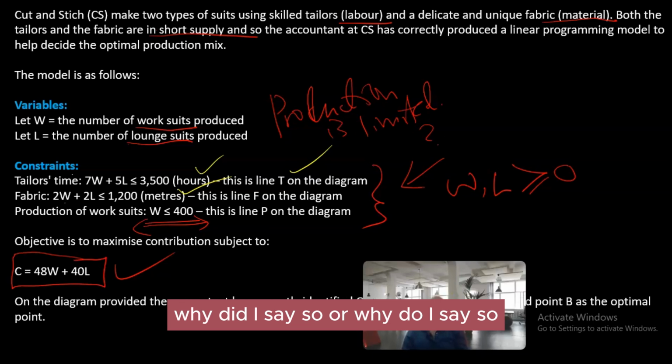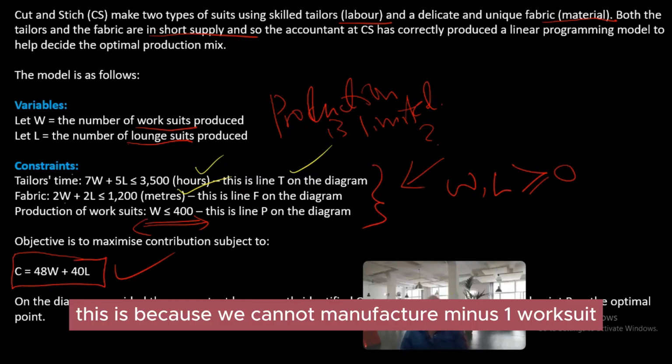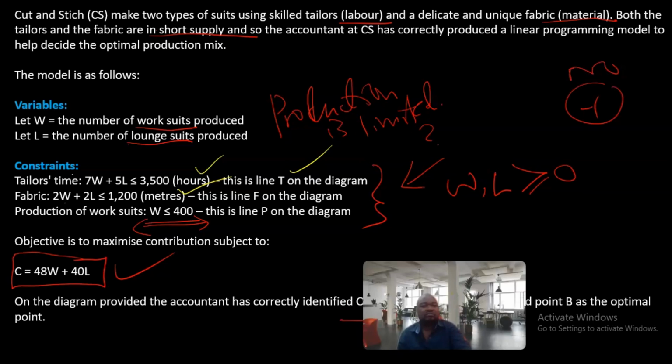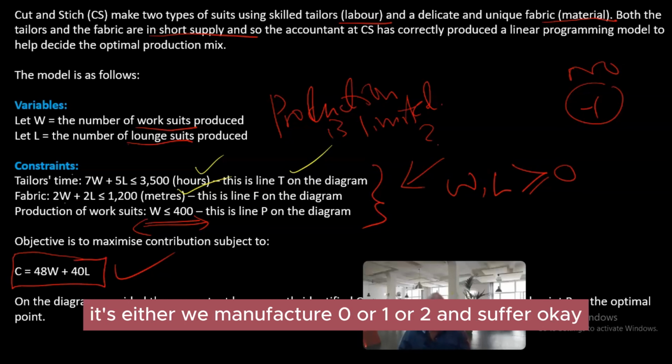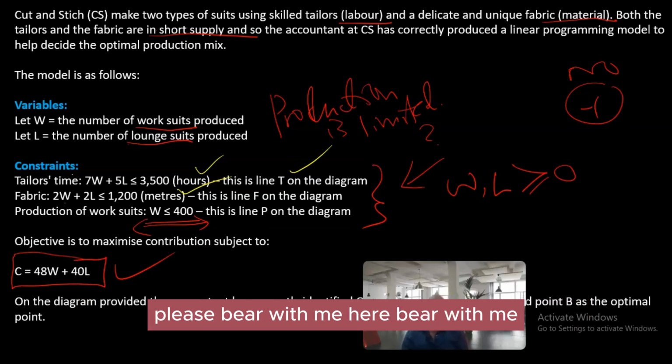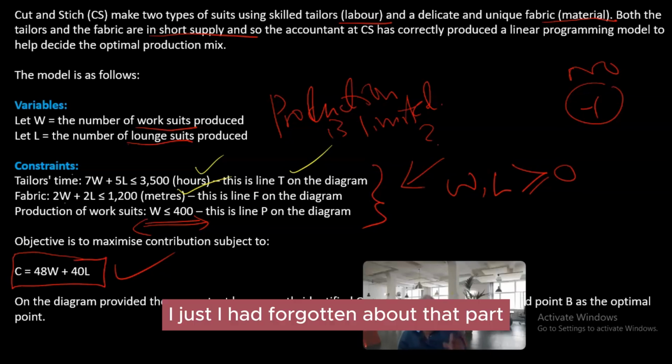Why do I say so? This is because we cannot manufacture -1 work suit. We can't manufacture negative work suits. It's either we manufacture 0 or 1 or 2 and so forth. Please bear with me here, I had forgotten about that part.